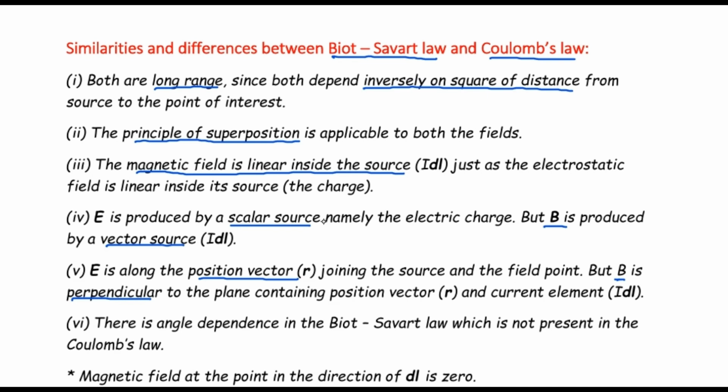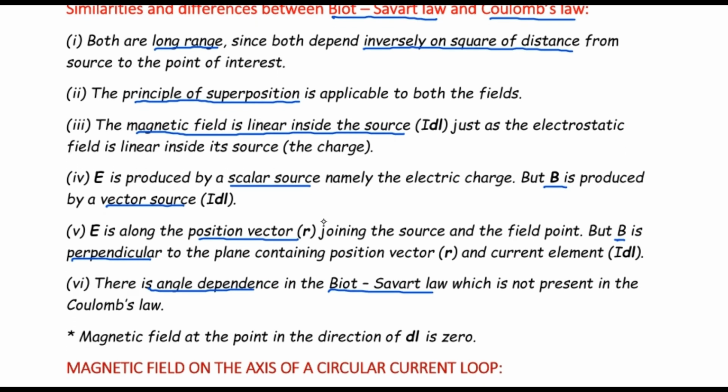There is an angle dependence in Biot-Savart's law, but not in Coulomb's law. And one more important point: the magnetic field at a point in the direction of dl is 0. Here, if you take a point along this direction, dB will be 0.